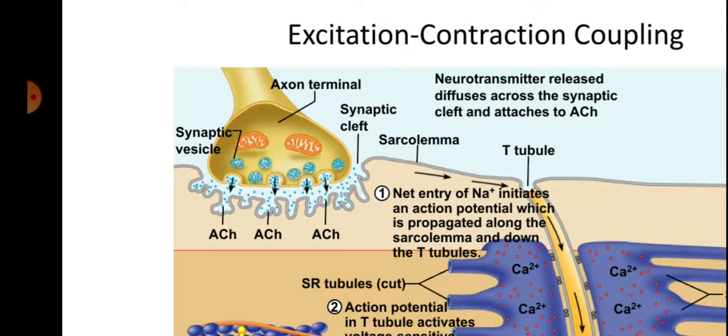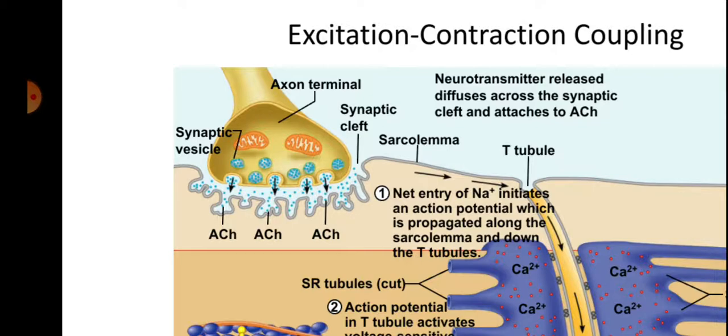The synaptic vesicles contain acetylcholine neurotransmitter, which transmits the nerve impulse with the help of the calcium ions.